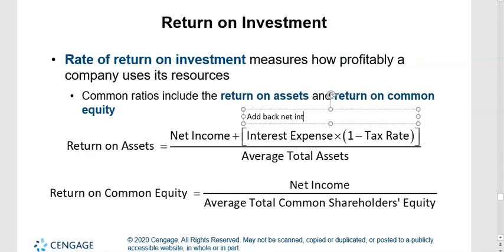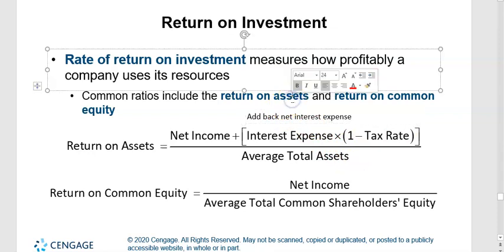When I say net, it's net of taxes. Because we deducted interest expense and it saved us a little bit of tax money. So if I add it back, I wouldn't have saved as much tax. So that's what we're doing right here. And then it's divided by average total assets.